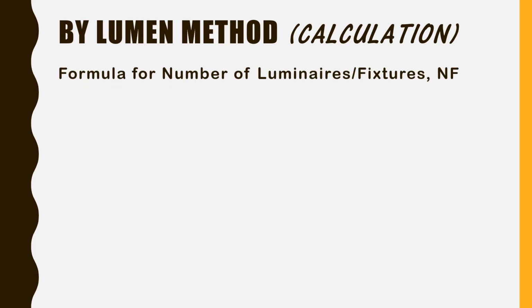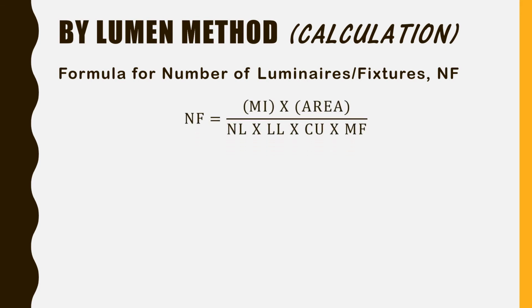Now the calculation formula for the number of luminaires or fixtures. This is the formula. Number of fixtures is maintained illumination times area, all over number of lamps times lamp lumens times coefficient of utilization times maintenance factor.